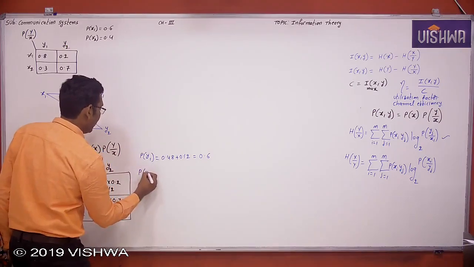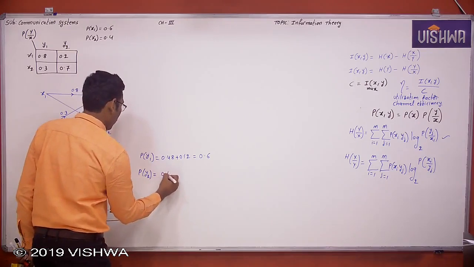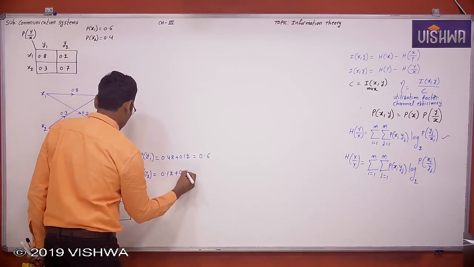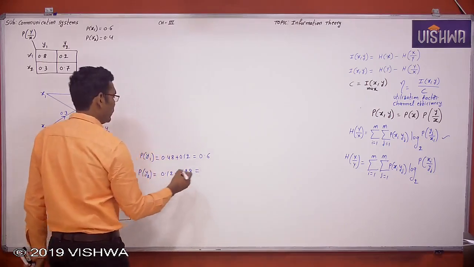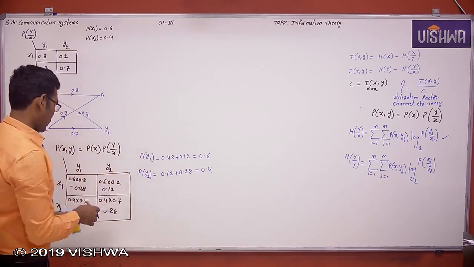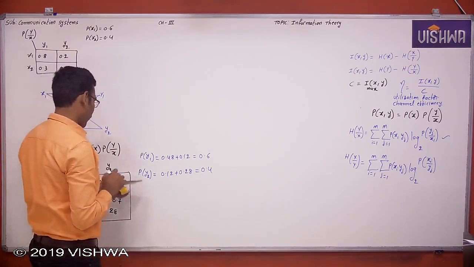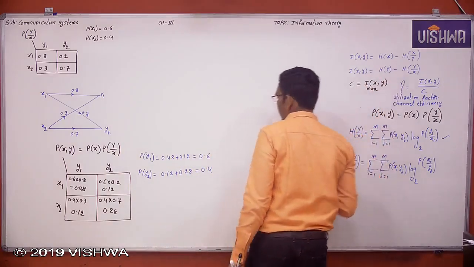Now P of Y2, what is P of Y2? P of Y2 equals 0.12 plus 0.28, which is equal to 0.4, right? Now this is P of Y1, P of Y2. Then I want H of Y. What is H of Y?